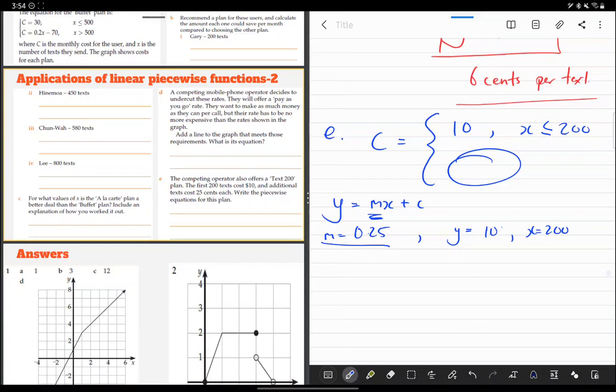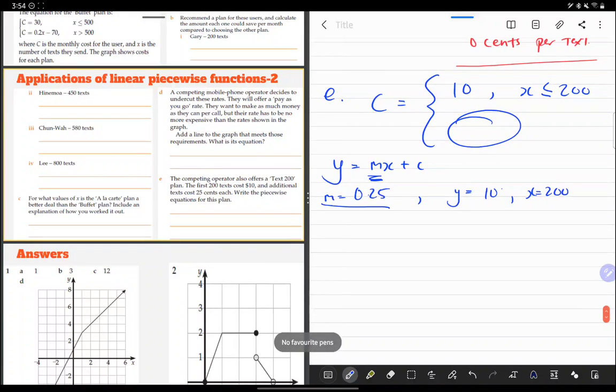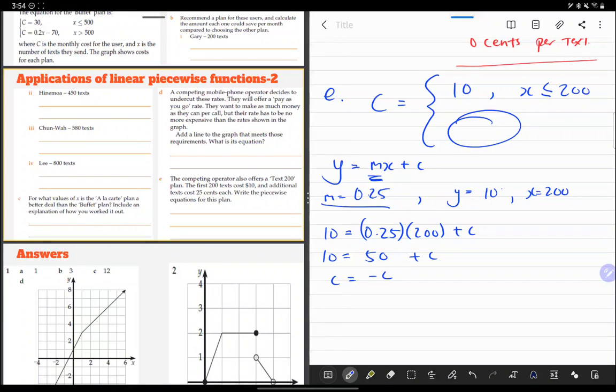So, chucking all of that into this equation, y is 10, m is 0.25, x is 200, plus c. I reckon we can find c from that. So 10 equals 50 plus c. So c equals negative 40.